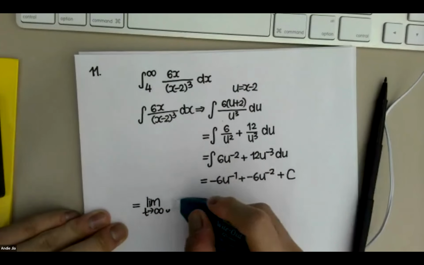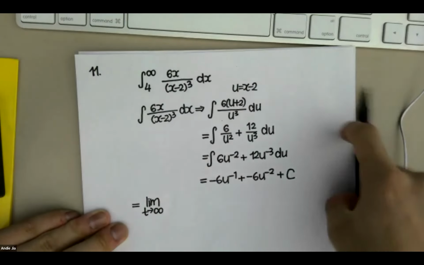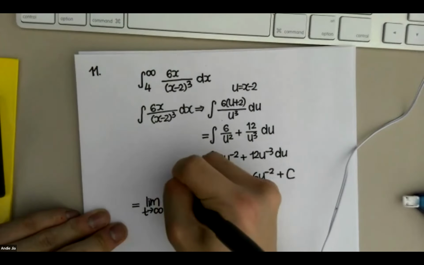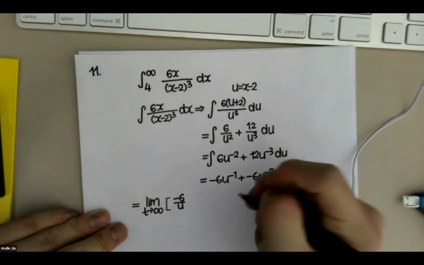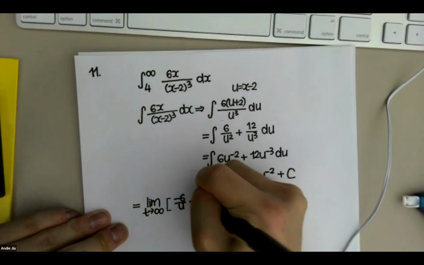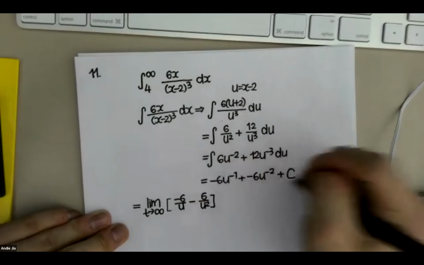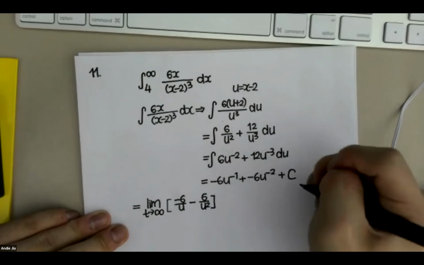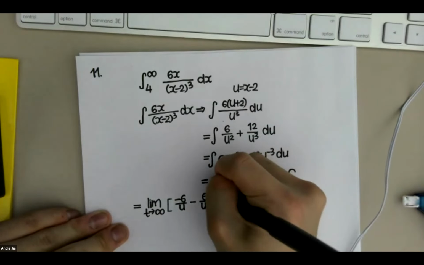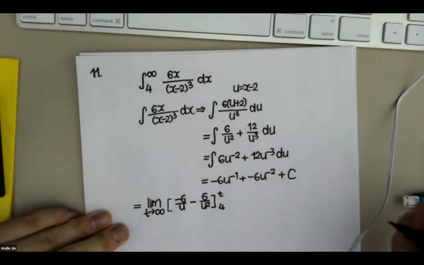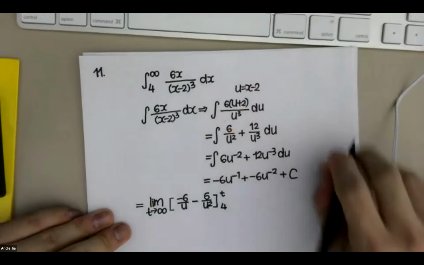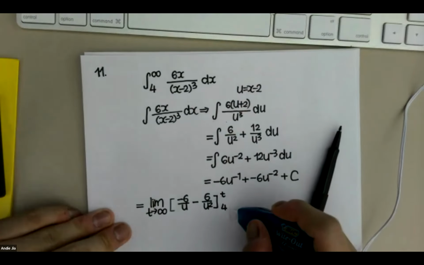Integrate the function, with bounds t and 4. The lower bound should be 2, not 4.